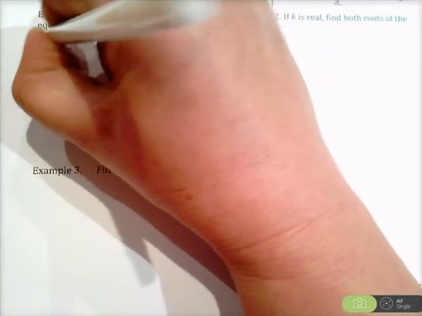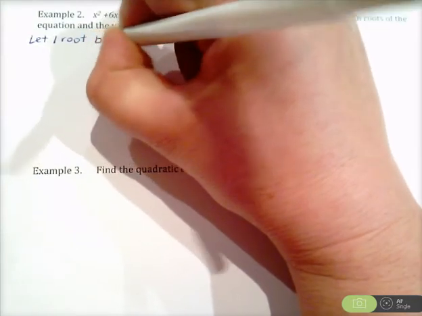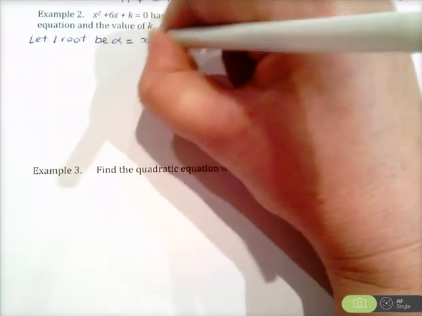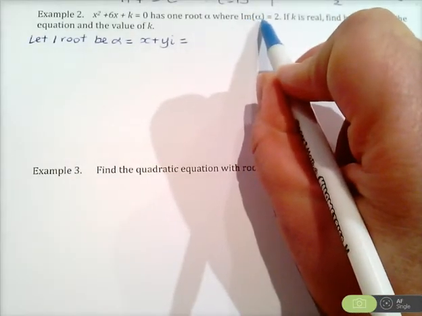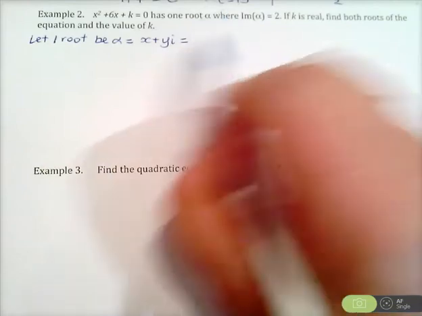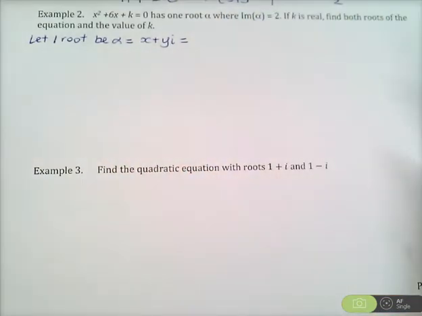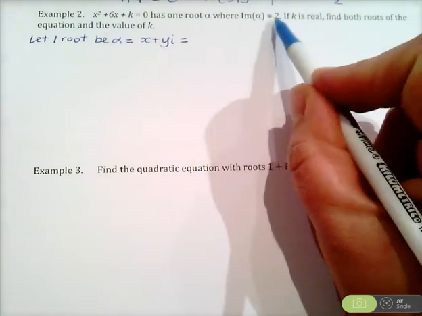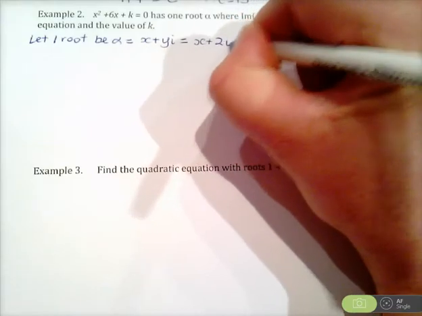So let one root of the equation be alpha, which is x plus yi. Now, we know that the imaginary part of alpha is 2, so it's a complex number, and your root is x plus 2i.